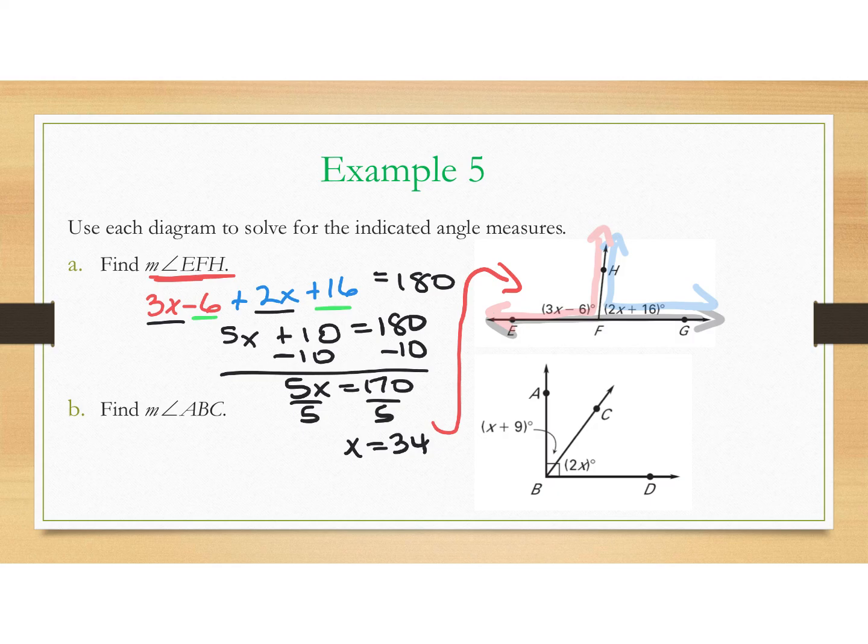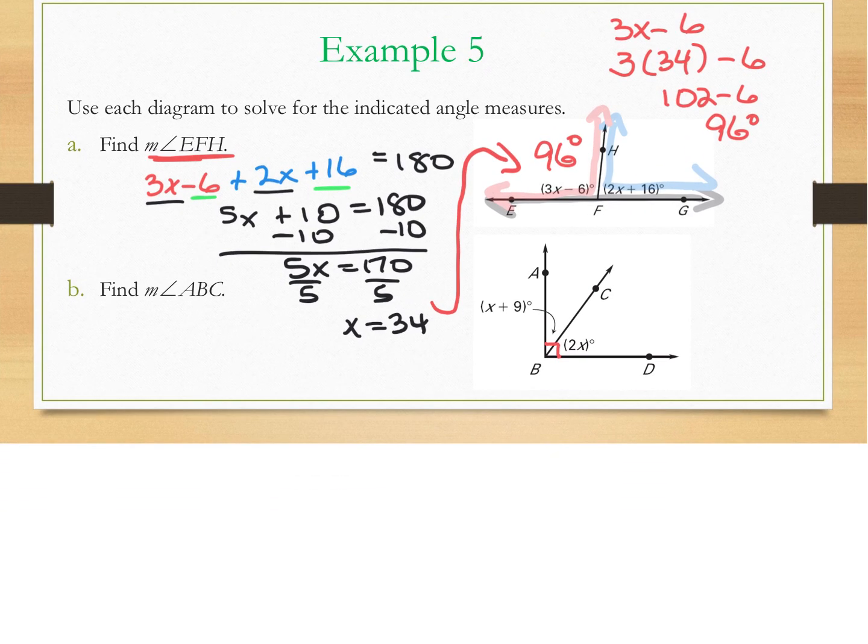EFH is the 3x minus 6. So 3 times 34 minus 6, 102 minus 6 is 96 degrees. So the measure of EFH is 96. If it asked me to find the blue one, I could either plug in 34, or I could just subtract 180 minus 96.